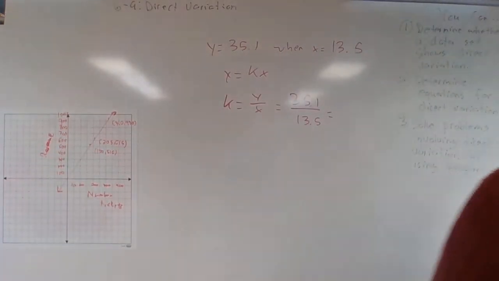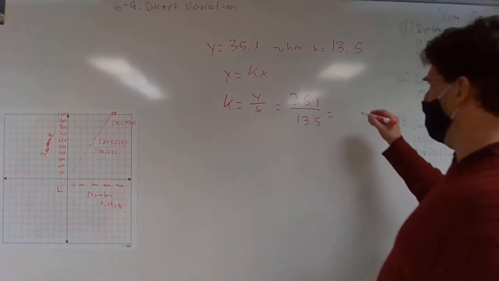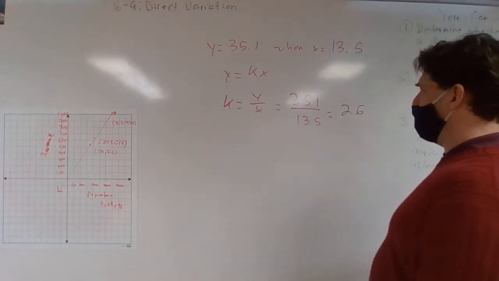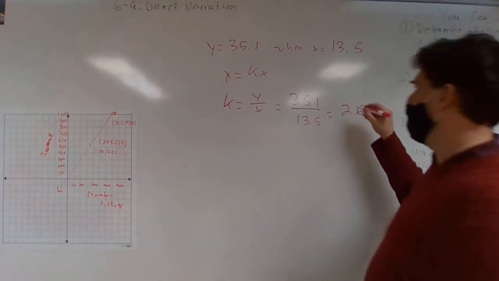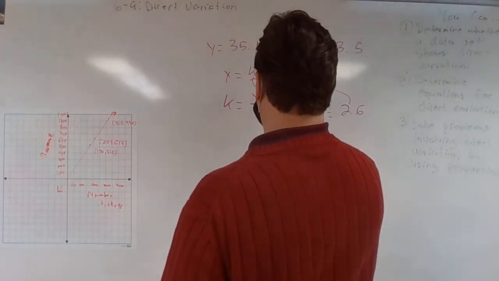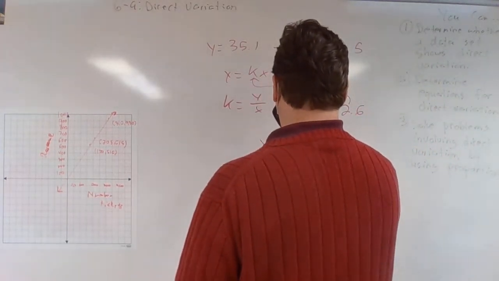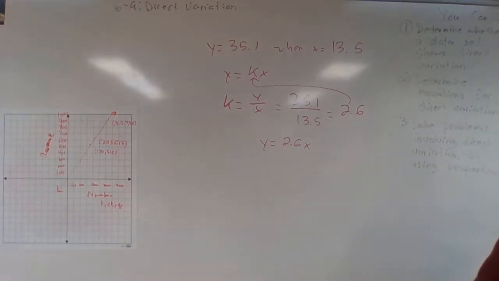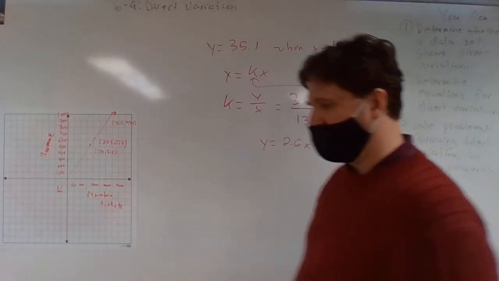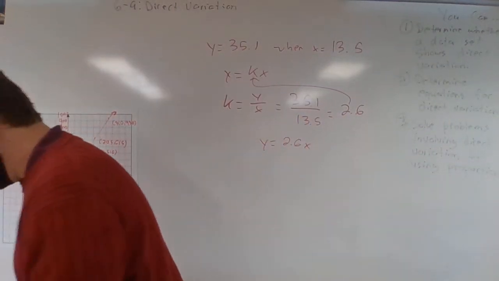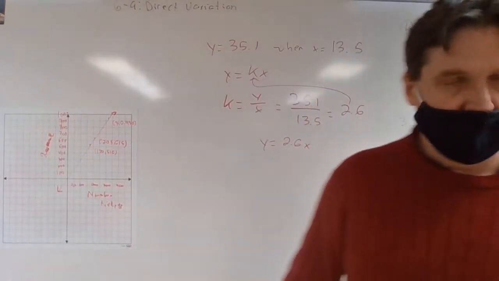Divide out, and you get 2.6. K equals 2.6, and it goes y equals 2.6x. Easy peasy.